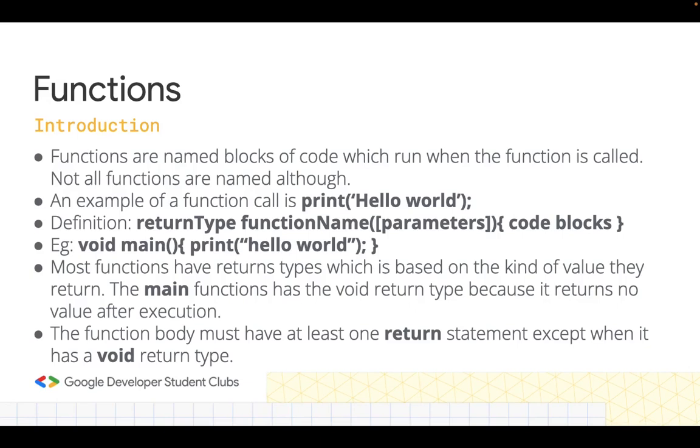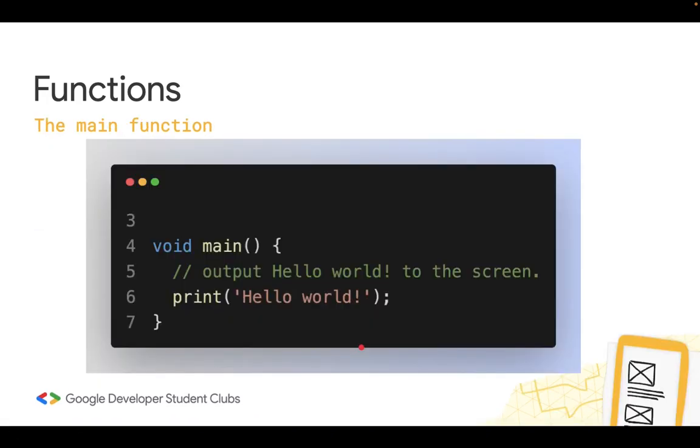So the data type of the value the function returns is supposed to be equal to the data type of the value appended to the return statement. Our main has no return statements. That's why it's marked void. So it's returning nothing for us to use later.